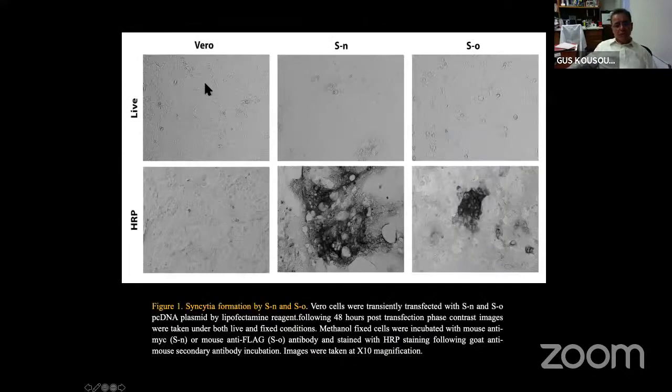We recently, in collaboration with Dr. Siddharth Joyce at ULM, published a paper, and I borrowed one figure from it. We took the spike protein of SARS-CoV-1, which is called SARS old, and the spike protein of the new SARS-CoV-2, and we expressed them transiently in African green monkey cells and then stained them for expression.